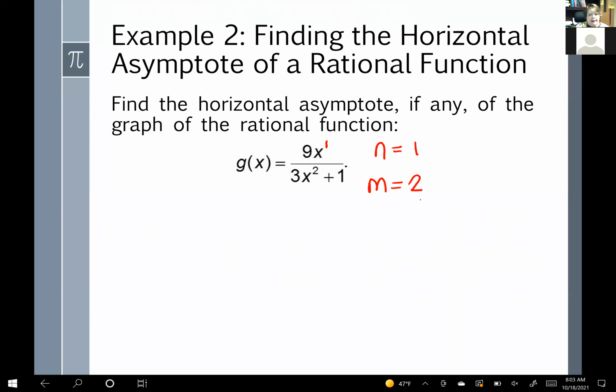And if we go back and look at our rules, in this case, the numerator's degree is less than the denominator's degree, because 1 is less than 2. If the numerator's degree is less than the denominator's degree, then the x-axis, or y equals 0, is my horizontal asymptote.